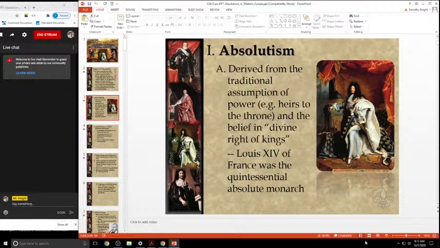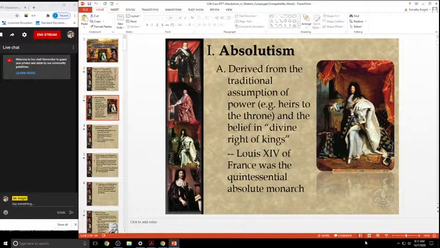But remember that in England, absolutism fails. Even though Charles I in particular really tries to implement absolutism in England, it fails, and England ends up going through that civil war, and they end up establishing themselves as a constitutional monarchy. But that's going to be the only place in Europe that develops a constitutional monarchy at this time.